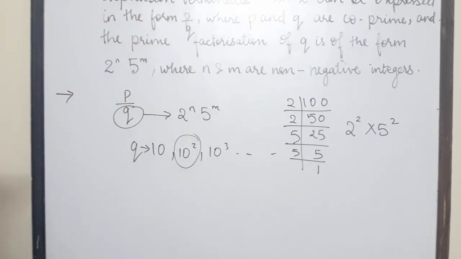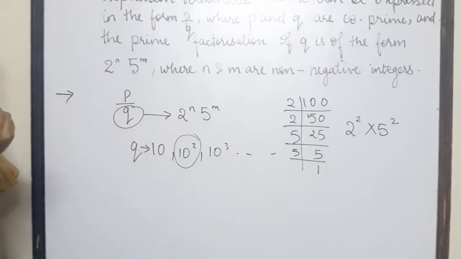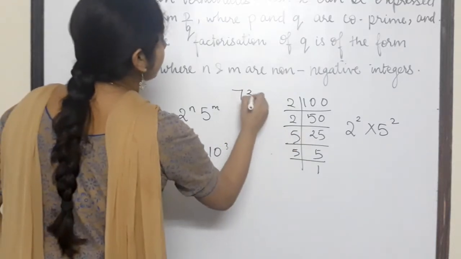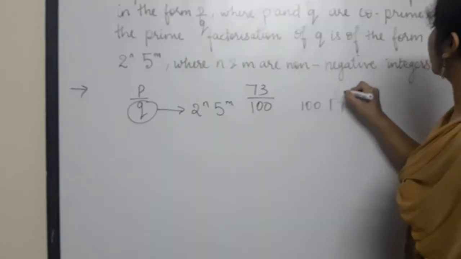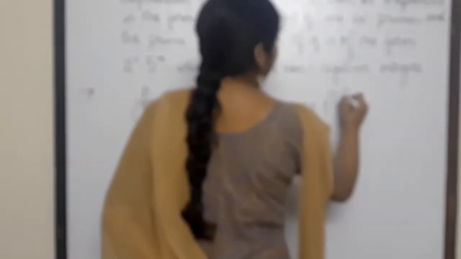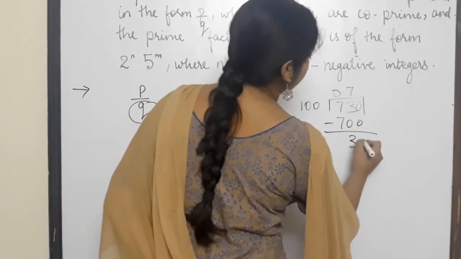Now suppose we take an example, say 73 upon 100. Then we have to take the decimal point. So this will be 730, right? Now, 100 sevens are 700. What are we left with? 30.